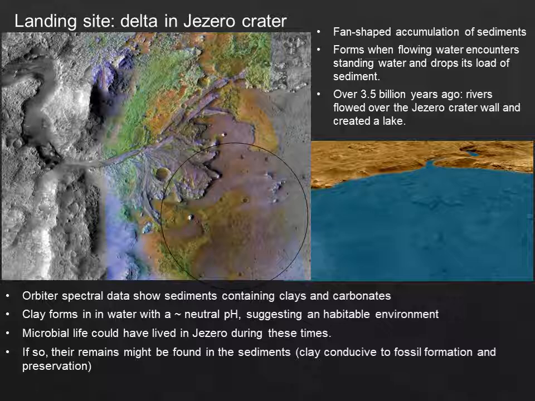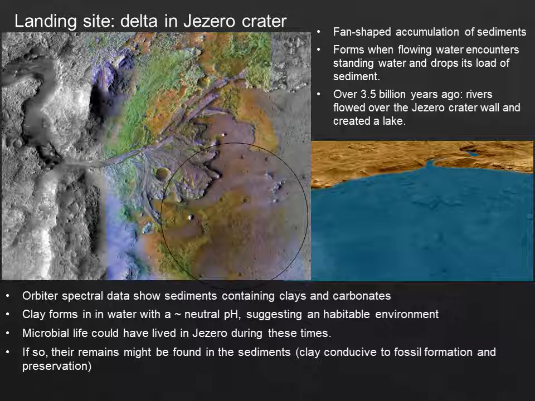And the Perseverance rover is going to land somewhere within this ellipse. So the orbiter spectral data shows that there are sediments containing clays and carbonates within this delta. As I've mentioned before on several sites, clay forms in water with a neutral pH, which is indicative of a habitable environment.